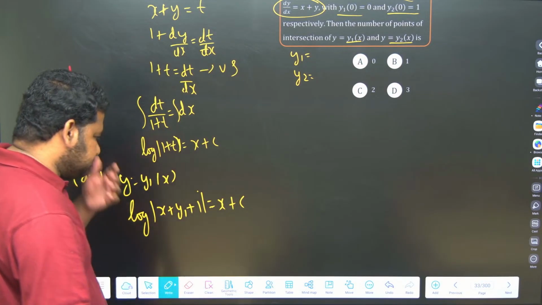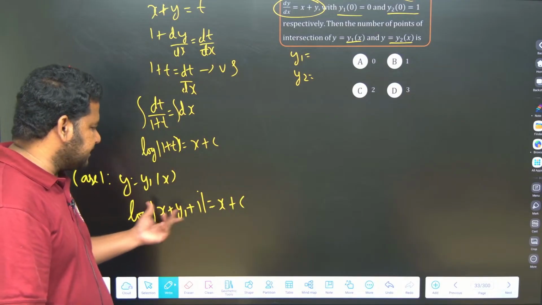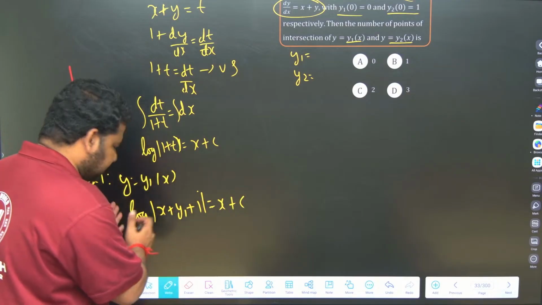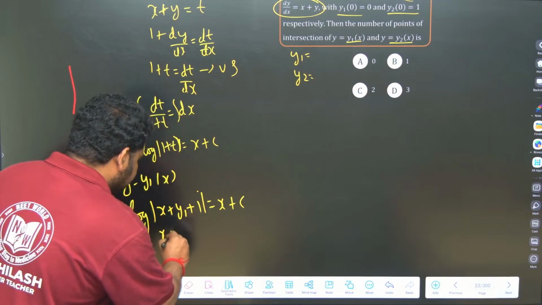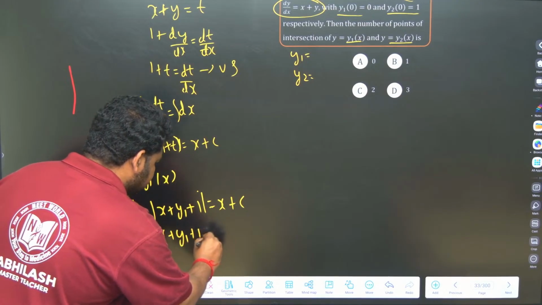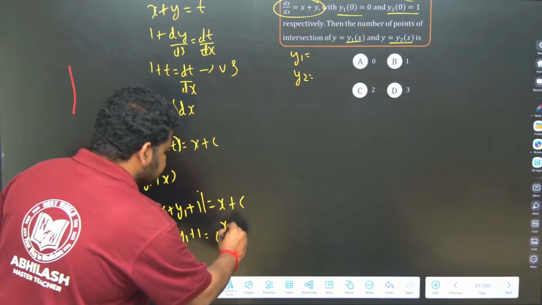Now if I remove the log, this will become x plus y1 plus 1 is equal to e power x plus c.